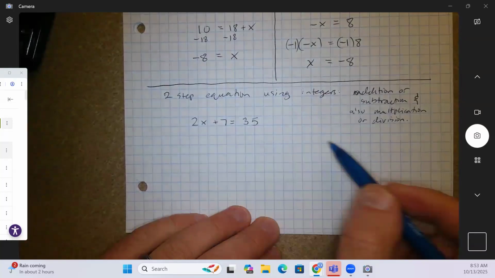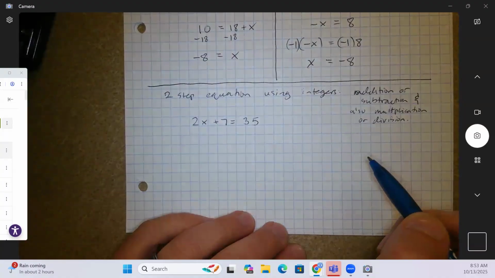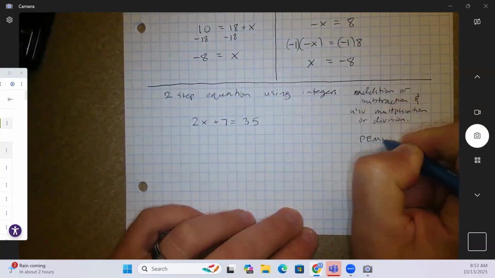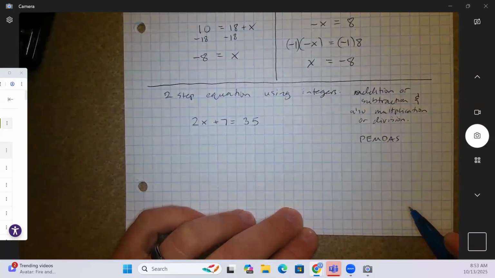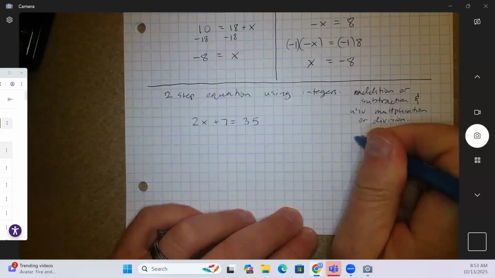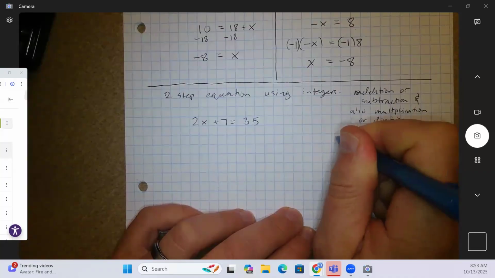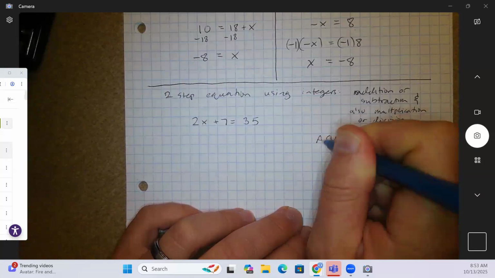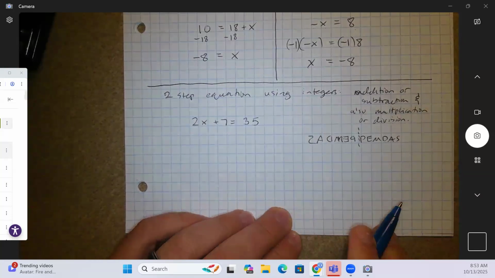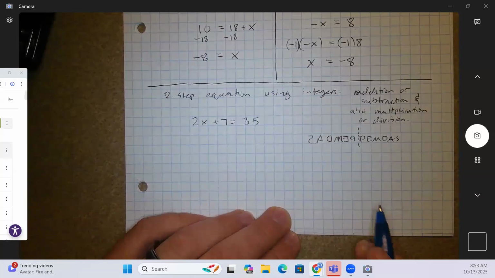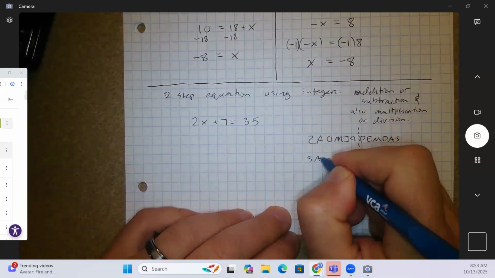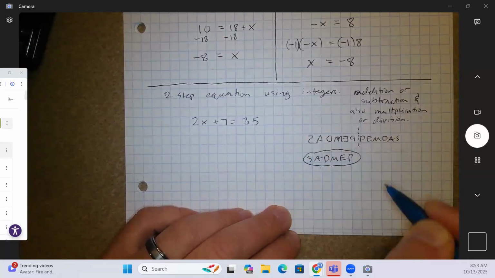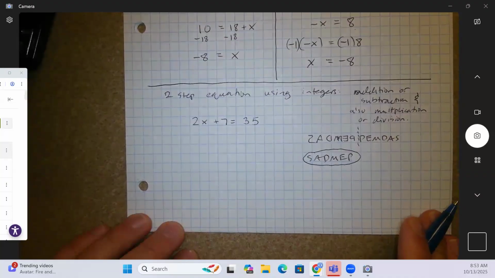And here's the thing about solving multi-step equations. PEMDAS is how we do order of operations. But for solving, we work backwards. So I like to think of it as a mirror. And if I were to write this using our normal ones, it's SADMAP. So for basic two-step equations, we use a SADMAP process.